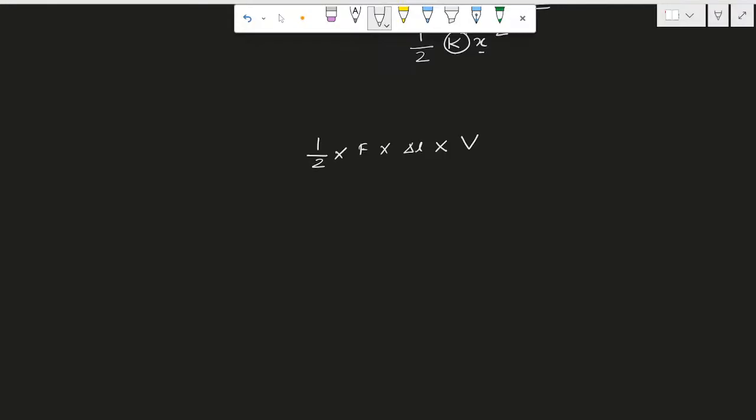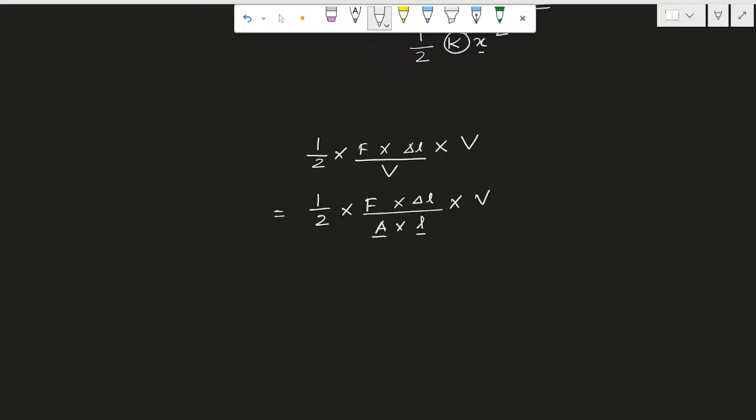Now for this same volume, just look at the concept of what I am doing. Half into F into delta L, and the volume I can write as area into length, 2D into 1D, that is volume.